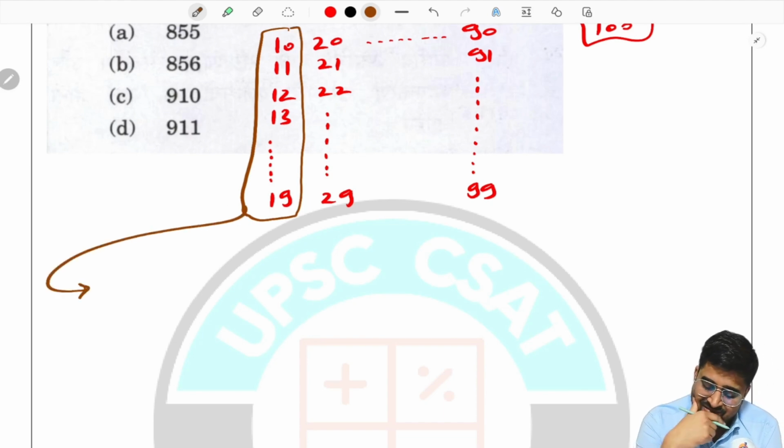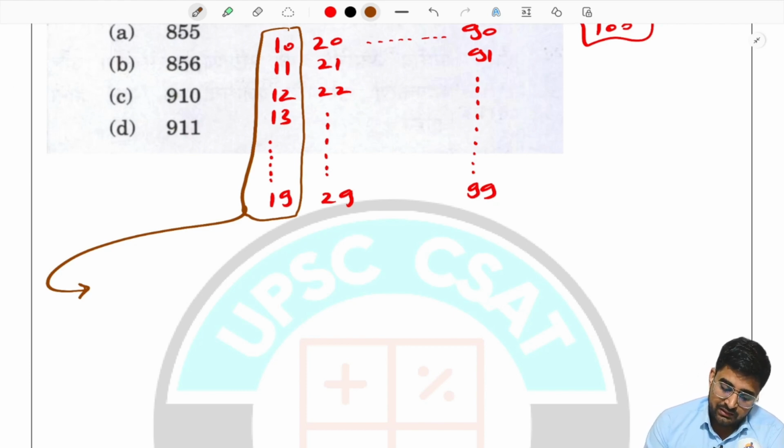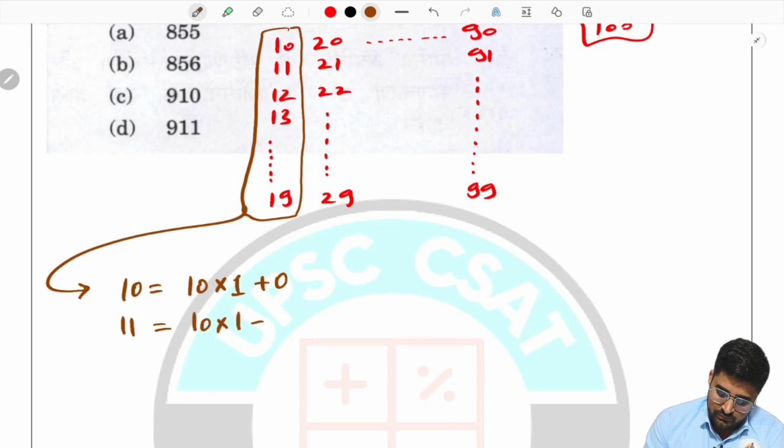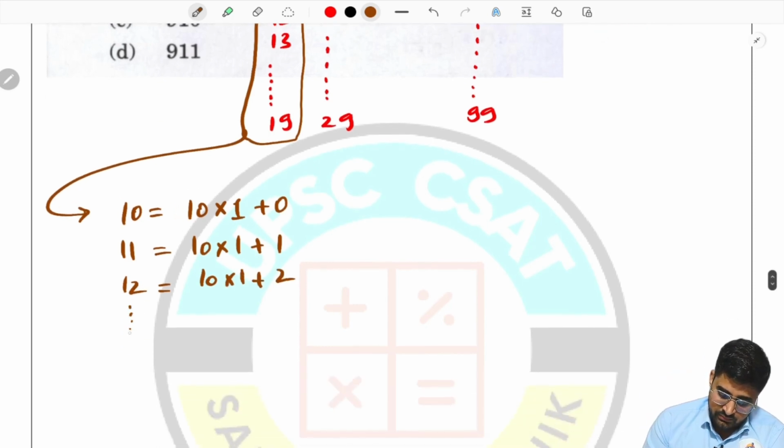Here, what we have studied till now is place value. We can write 10 as 10 into 1 plus 0. We can write it like this. We can write 11 as 10 into 1 plus 1, 12, and 19.